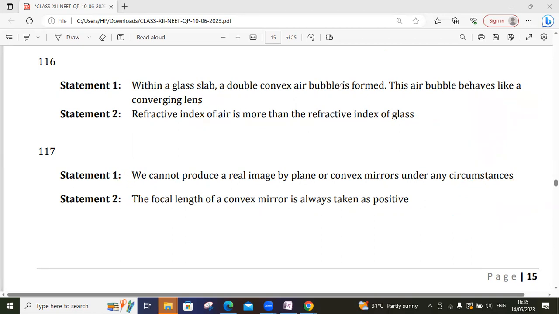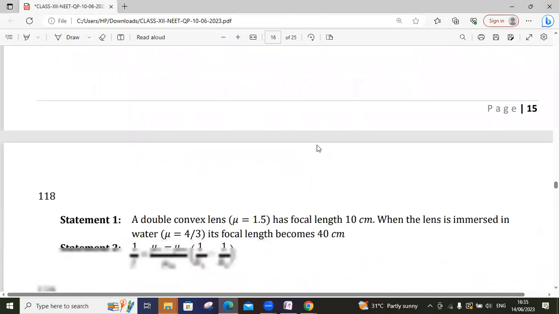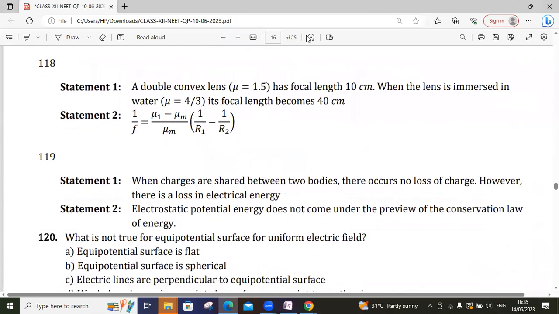Then we have 118. A double convex lens, mu is equal to 1.5, has focal length 10, and when the lens is immersed in water the focal length is 40. Using the formula 1 by f is equal to (mu2 by mu1 minus 1) into (1 by r1 minus 1 by r2), where 1 is the surrounding medium and 2 is the lens material. Here mu is 1.5, and water is 4 by 3.